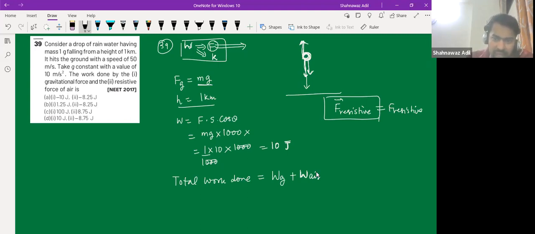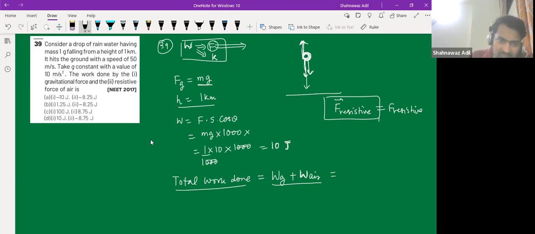Because we can also calculate the force, but we don't know the resistive force, we have to calculate this work done with kinetic energy, because the rain is falling from rest and it has a final velocity.